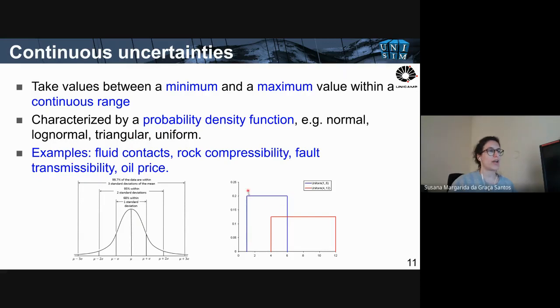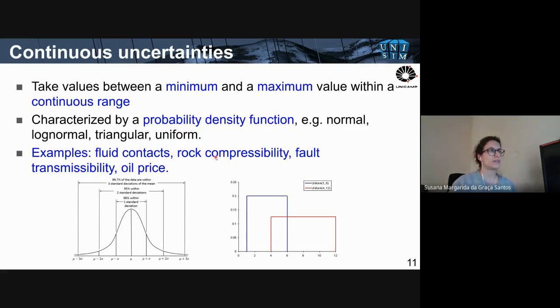It means that every value inside my range is equally probable to occur, okay? And where does this come from? From the reservoir characterization part. The team that studies the data and builds the model will give us, the team working on production optimization and risk analysis, the set of possible uncertainties.